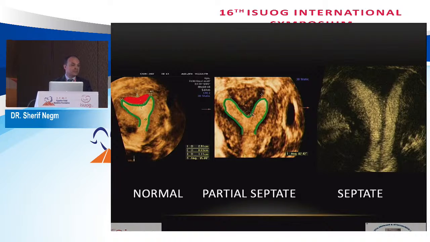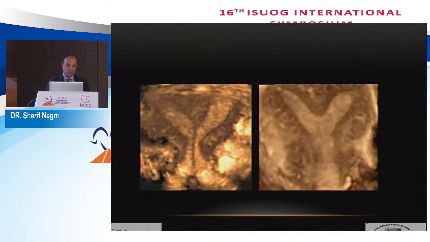You can see that this myometrial area is very well formed with good subendometrial blood flow, while here you have a septum, which usually has a much worse prognosis.